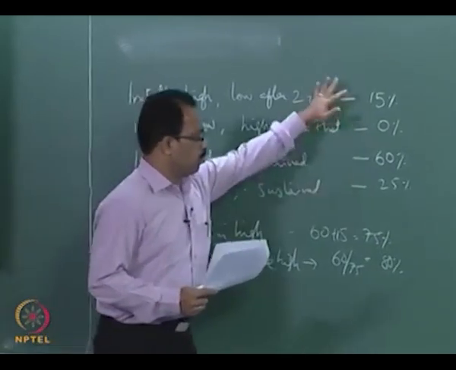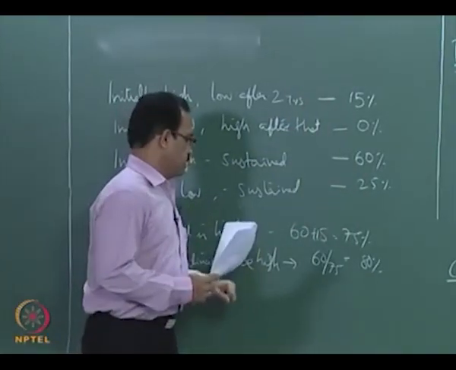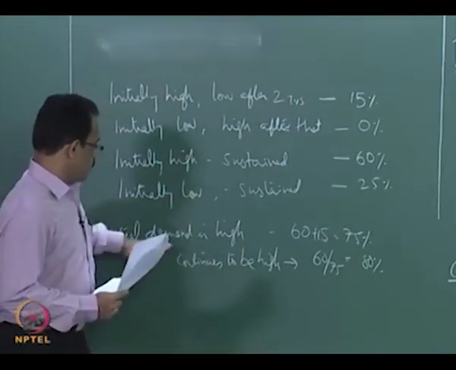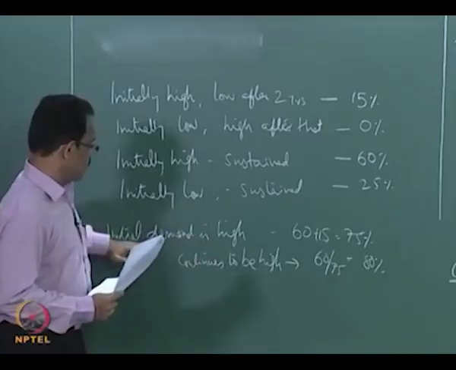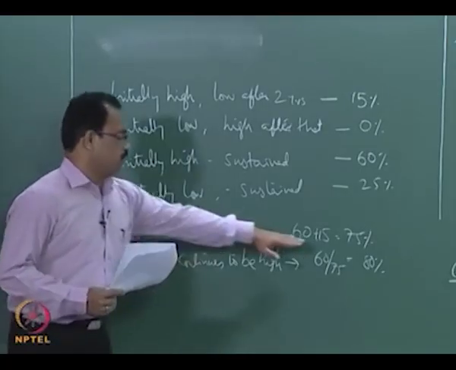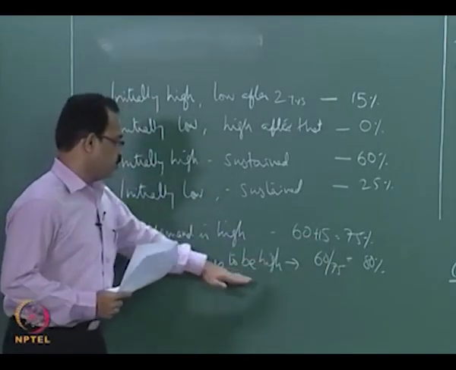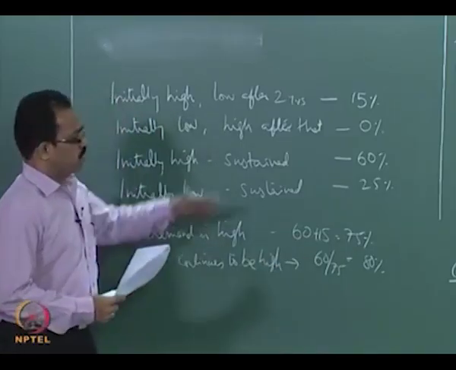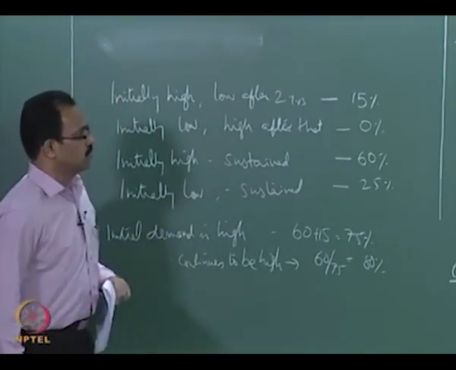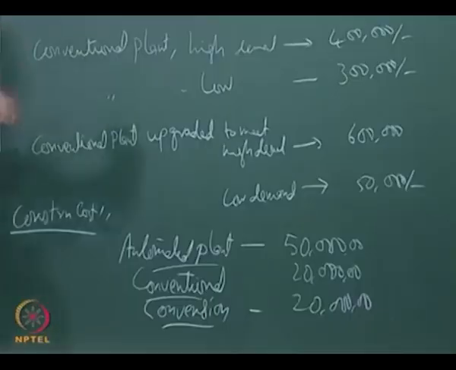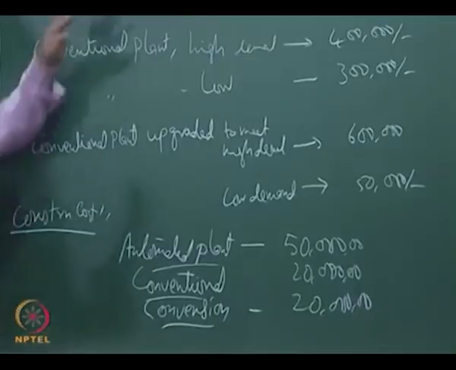So these are the probabilities of these kinds of sales: the chance that initial demand is high is 75%, but that it continues to be high is 80%.